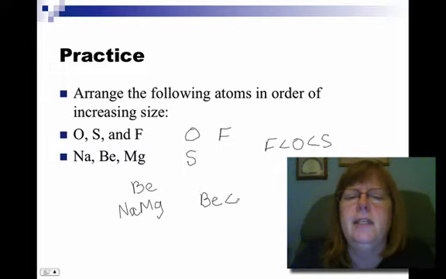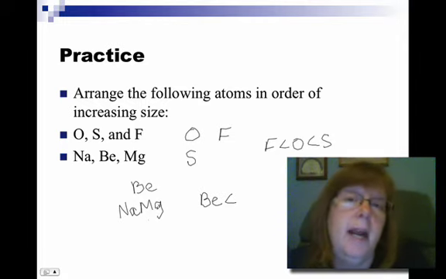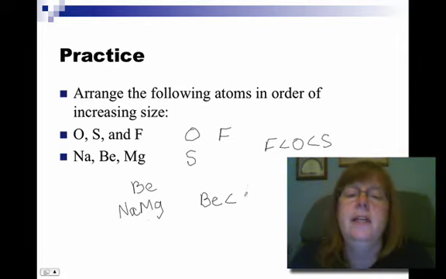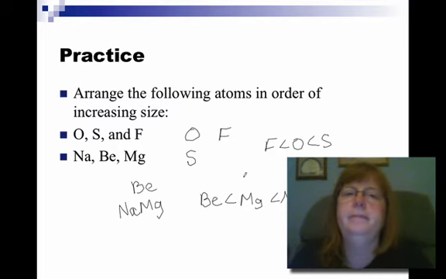Now, between sodium and magnesium, as we go across, it gets smaller because we're adding more protons in the nucleus. So magnesium is smaller than sodium. We're going to be practicing this in class as well.